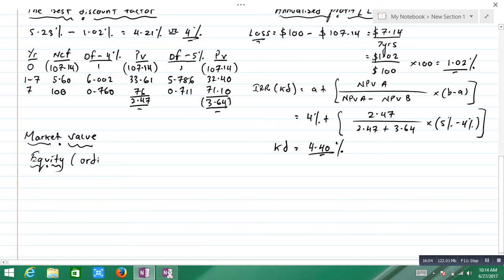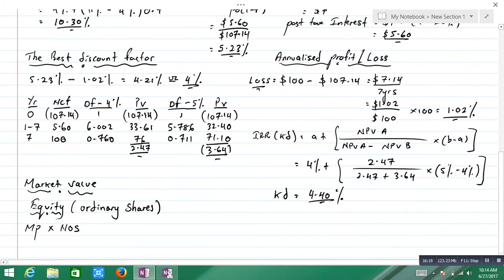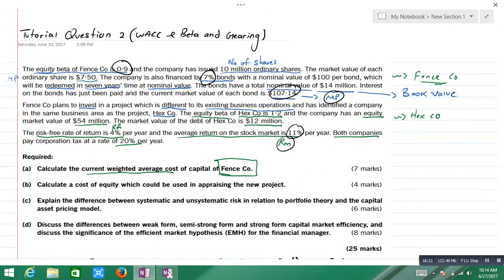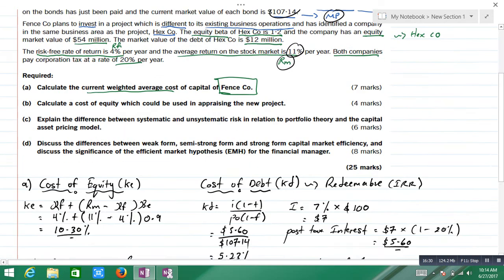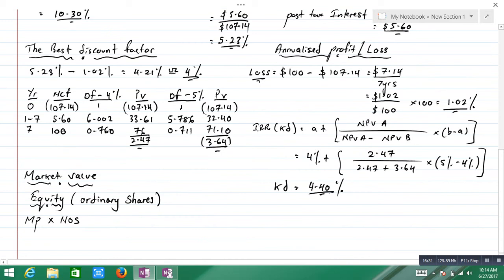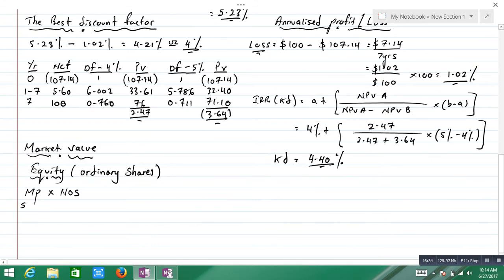If you go back to the question, we have the number of shares, which is 10 million, and then we already have a market price 7.5. So we have 7.5 times 10 million shares, and that will give you how much? That will give you 75 million.